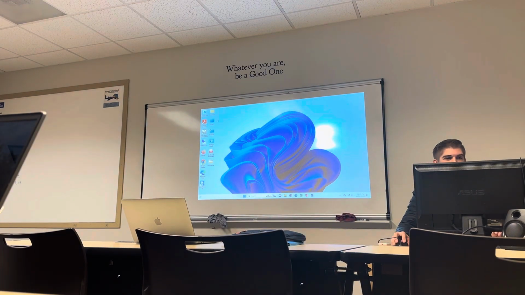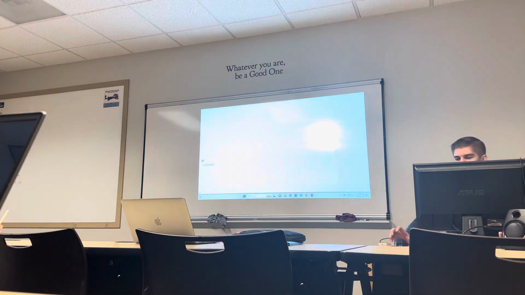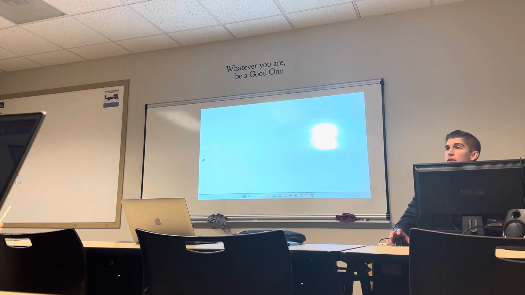Okay, so while I'm pulling this up, let's talk about the stomach. What are the different parts of the stomach? Anatomy. The pyloric sphincter, the fundus, the body, and the cardiac. Pyloric sphincter, yep, is in the pylorus, right?